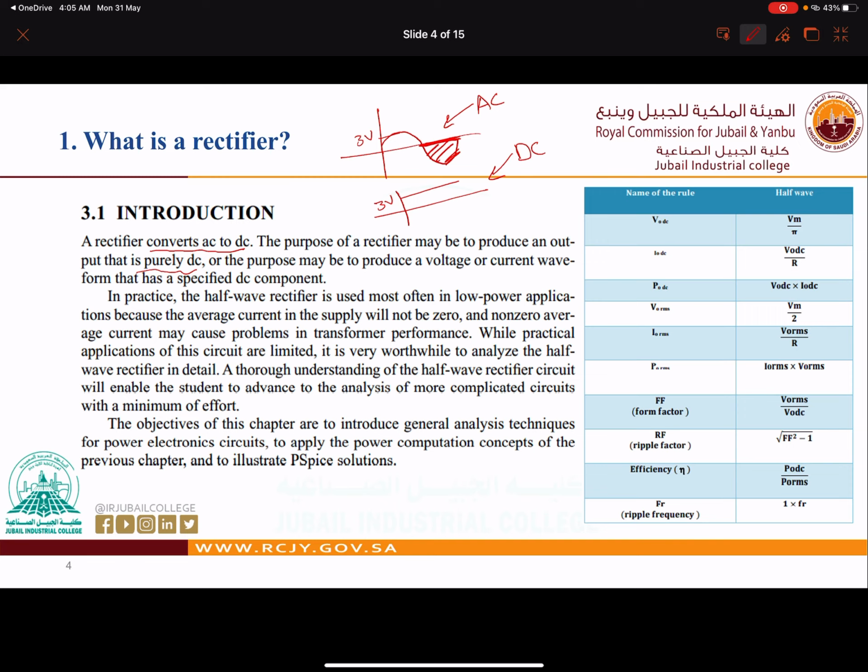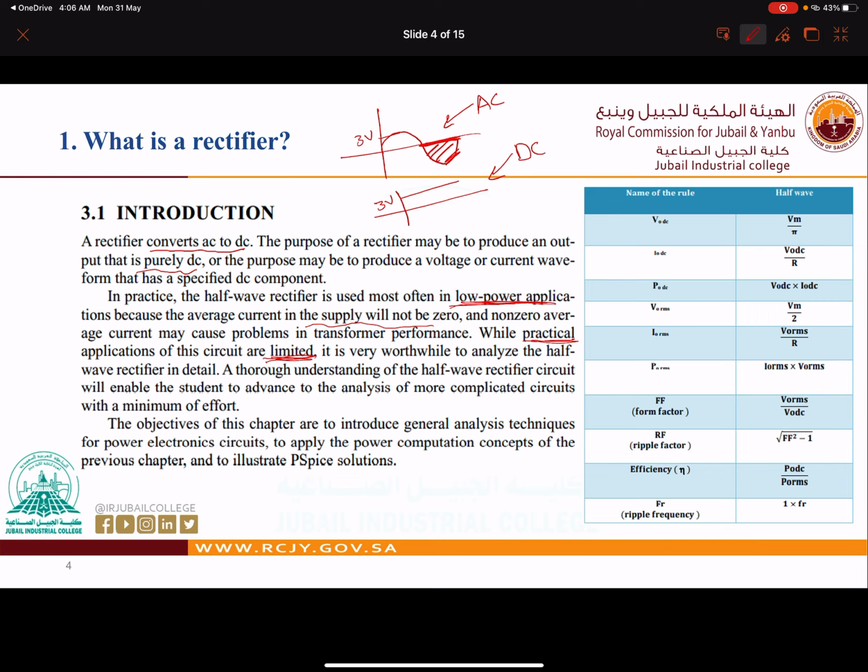Now, half wave rectifiers are most often used in low power applications, because the average current for the supply will not be zero. Also, the practical applications of this circuit are limited.